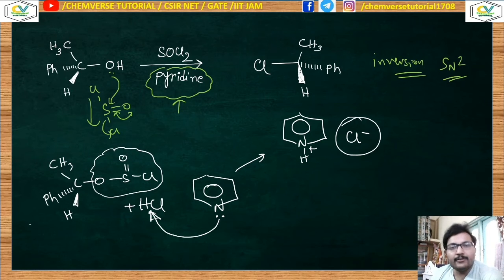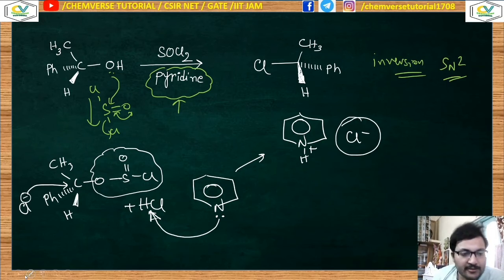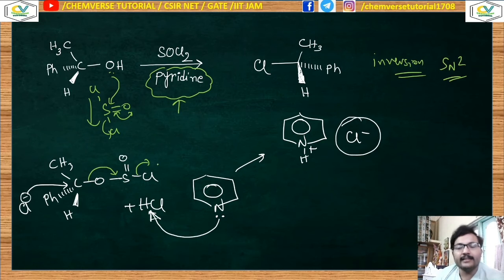I am making a situation where Cl minus is produced. So Cl minus will attack from the back side to remove this whole group. When Cl minus attacks, this bond will break to produce SO2, and again a Cl minus is produced. So the concentration of Cl minus is maintained in the system, and this is the SN2 attack by Cl minus occurring.